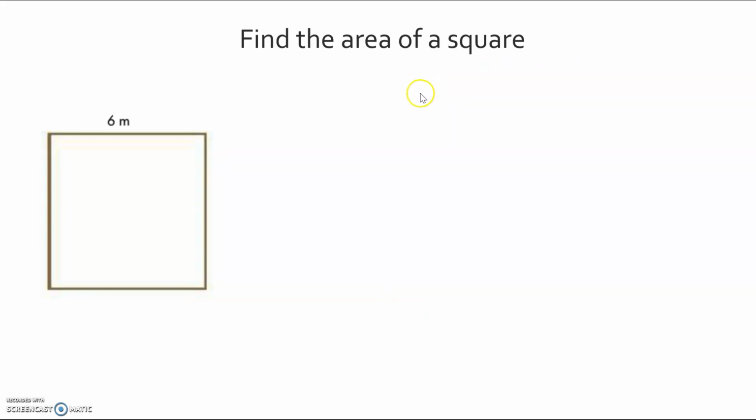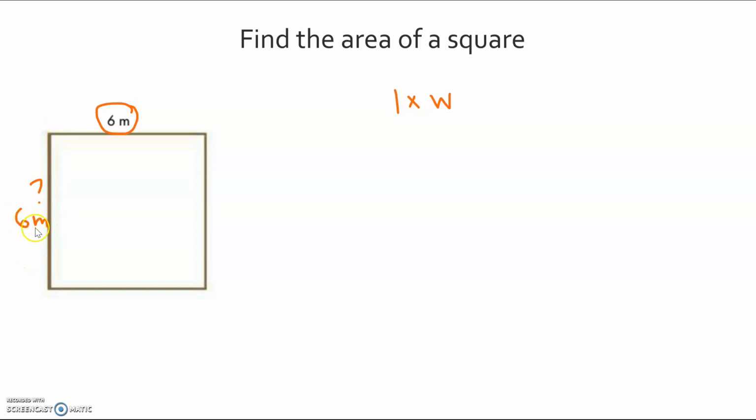One last one. Find the area of a square. Now remember, we said that area is length times width. But in a square, they only gave us the width. So how do we determine the length? So if you remember about squares, all of the sides are equal in a square. So in that case, if this is 6 meters, this is 6 meters, this is 6 meters, so therefore this length is 6 meters.